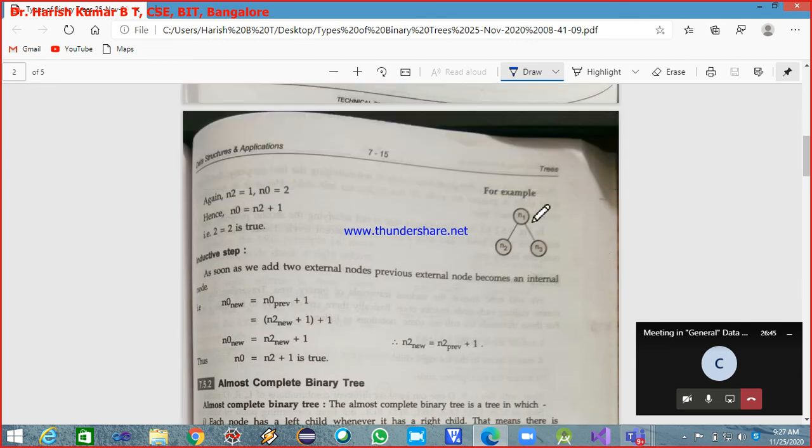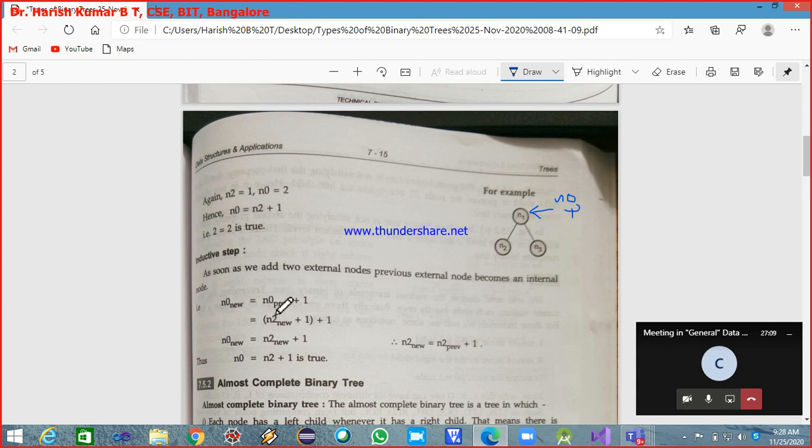Here, N0 new is equal to N0 previous plus 1. After adding these two, this node becomes N0 previous. But this N0 previous is equal to what? N2 new plus 1.